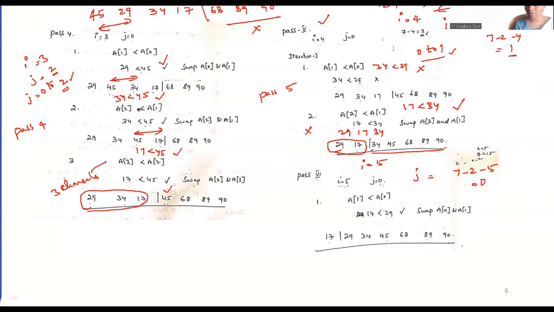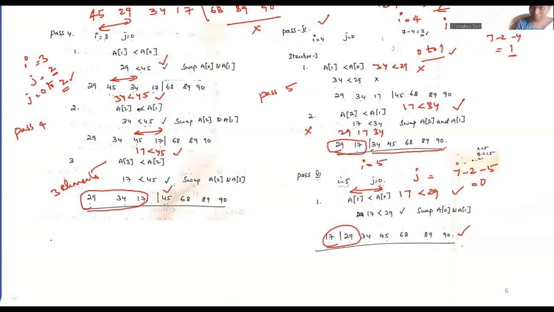So your j is 0 and it is going to run up to that only. We have only one comparison. What is that comparison? 17 and 29. 17 is less than 29. As the condition is true, we need to swap these two elements. And now after this pass, we can see the last 6 elements will be in a correct position.